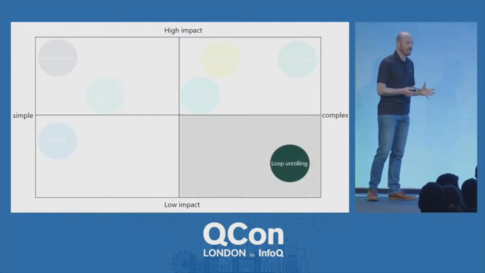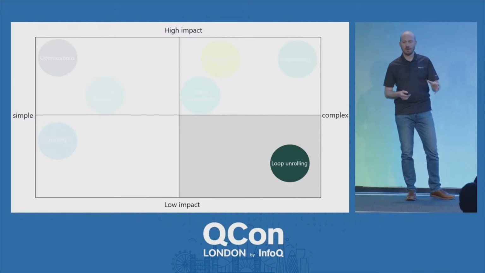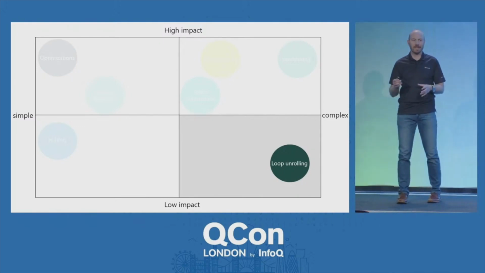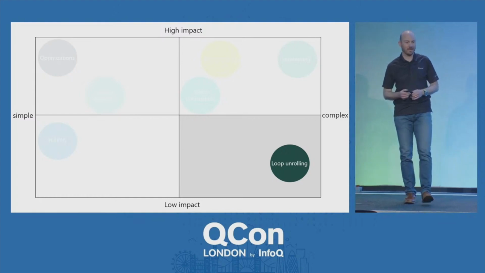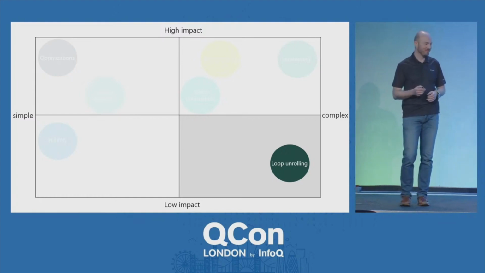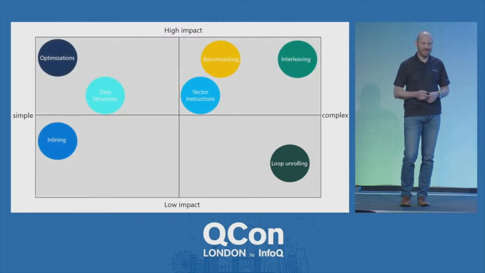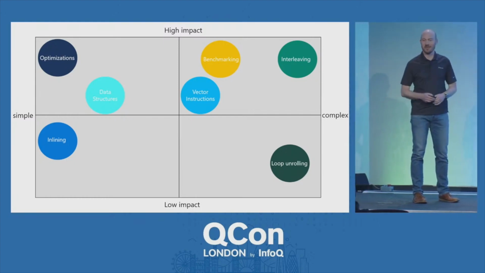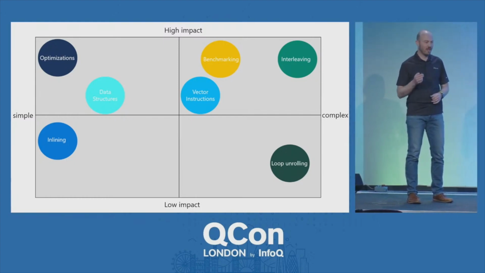And finally, there's the stuff that is both relatively low impact and complex. Quite frankly, you just shouldn't ever bother with doing these. All right, so that is my final slide for summarizing what you can learn from the fastest code in the world.